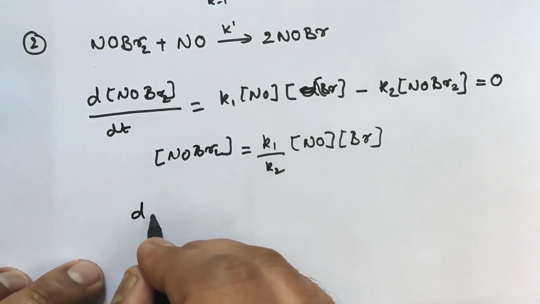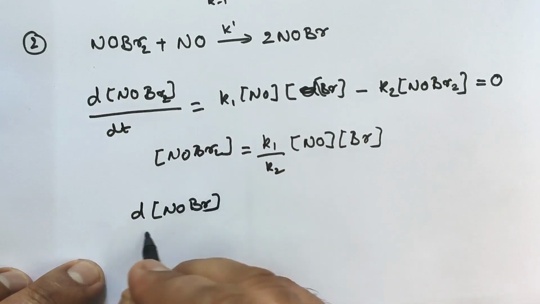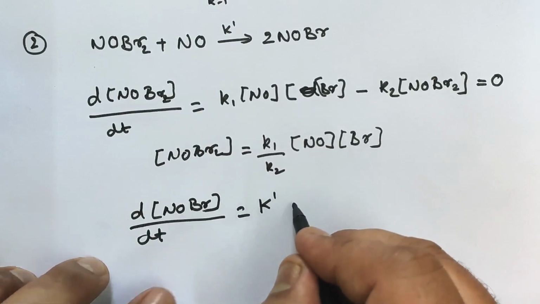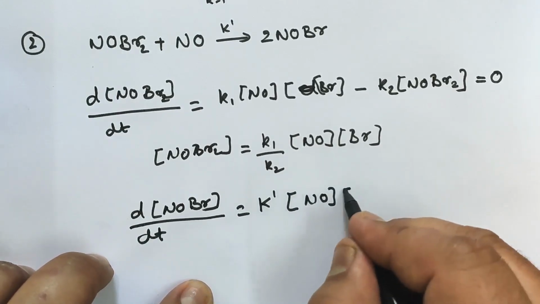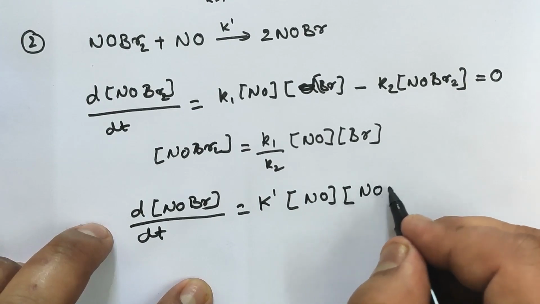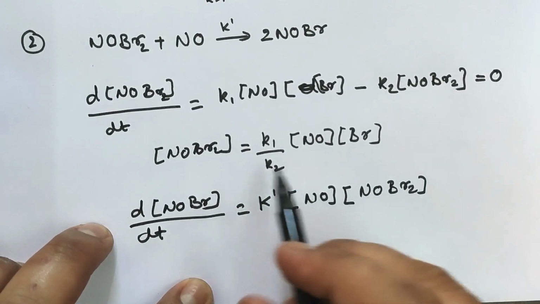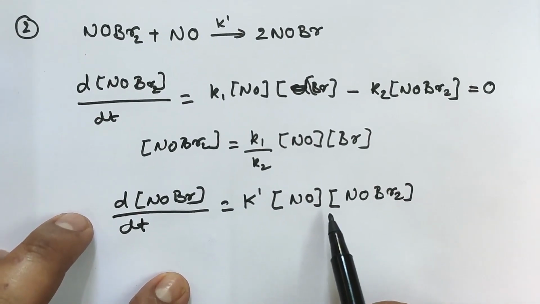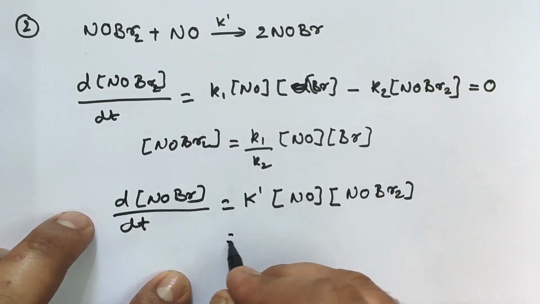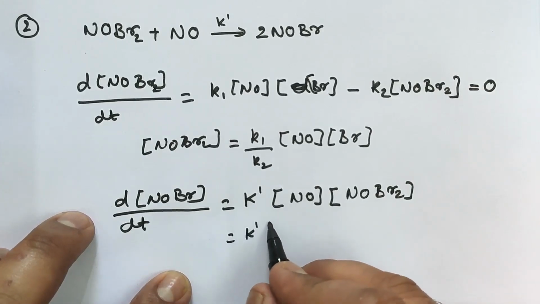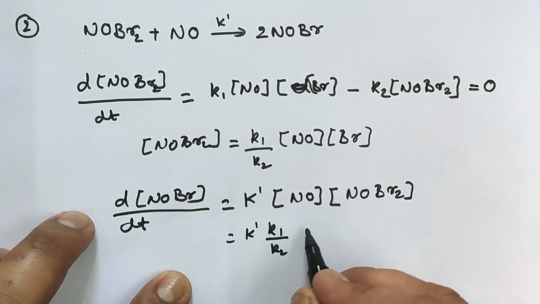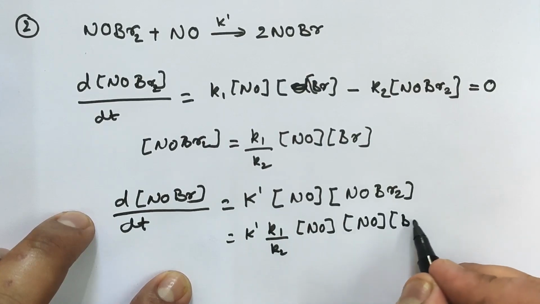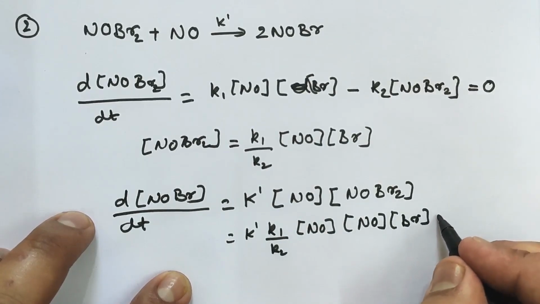For the rate of this, d NOBr upon dt will be equal to K dash into NO into NOBr2. We already have the concentration of NOBr2, so we can substitute it over here, and we will have K dash into K1 upon K-1 into NO remains as such, and we will have NO into Br2.